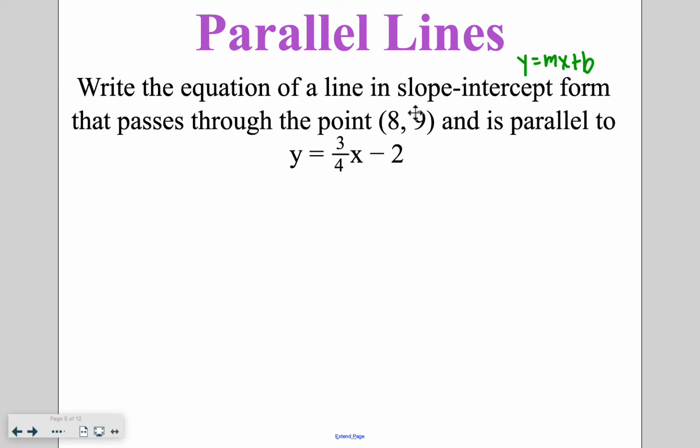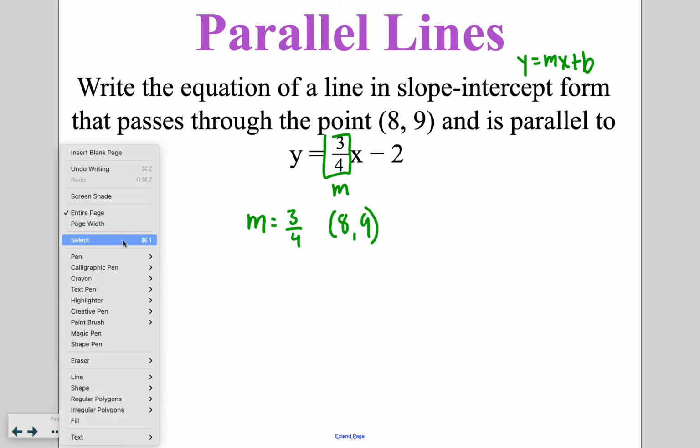So we have a point that we can use, and then we need to pick out the slope. So we're going to look at our original equation and pick out our slope, which is 3/4. So I have a slope of 3/4 and a point of (8, 9).